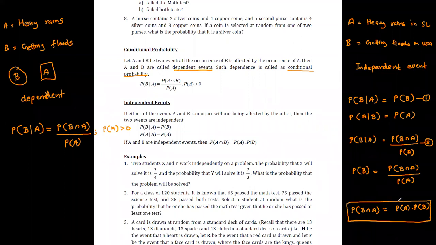We can use this equation to calculate the probability of the intersection of two events if it is given that these are two independent events.